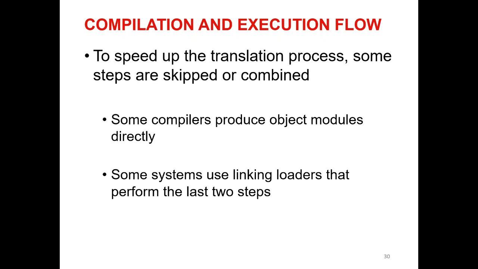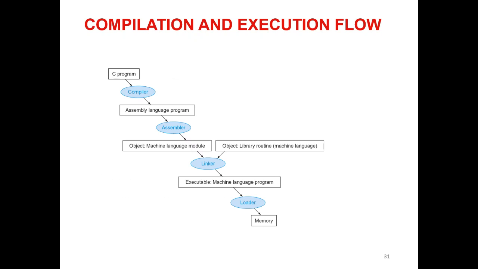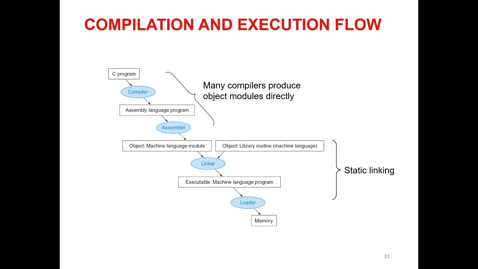And there are also other systems that combine the linking and the loading together. So graphically, some compilers combine the two stages that you can see in this slide, the compilation and the assembly, and others combine the linking and the loading.